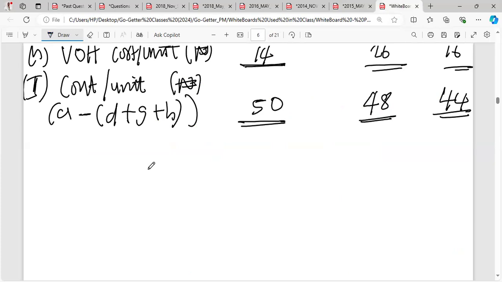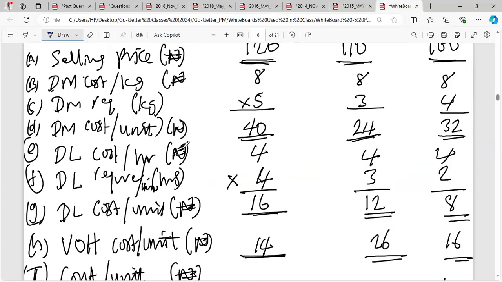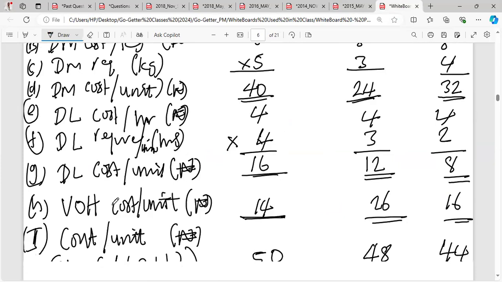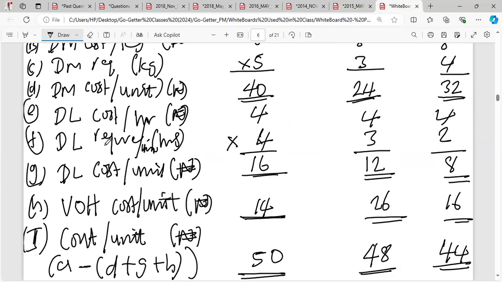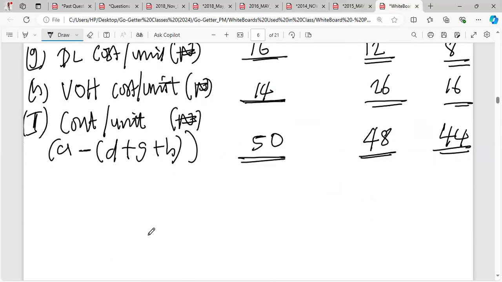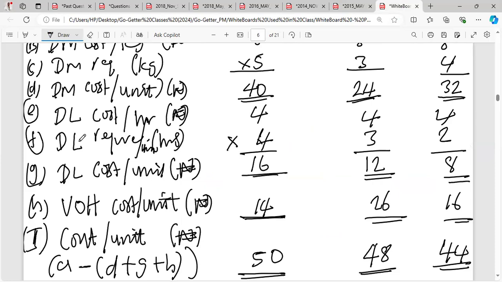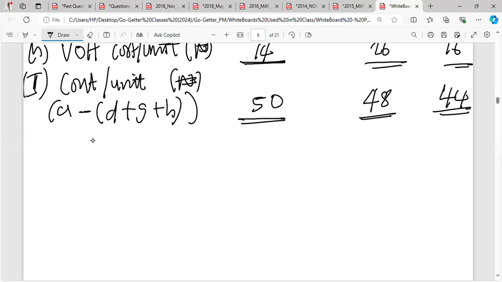So where can we get our labor hours per unit? Labor hours per unit. Direct labor required per unit in hours. I will come here. I'll repeat that, which I have in F. In F, I will come down here and bring F. Direct labor hours per unit.